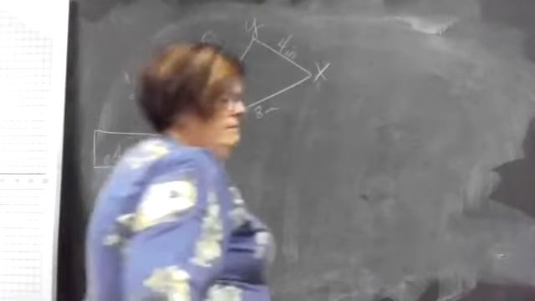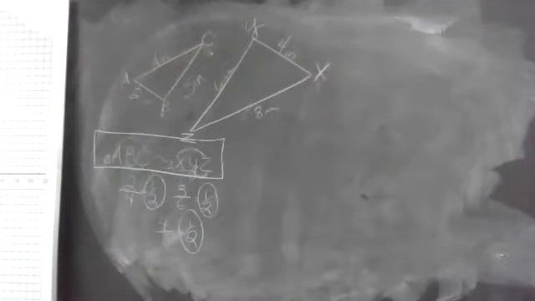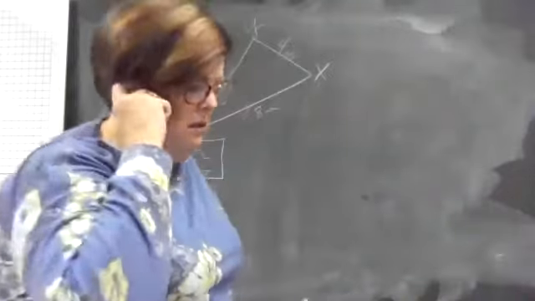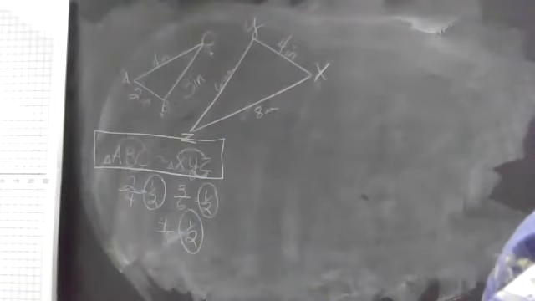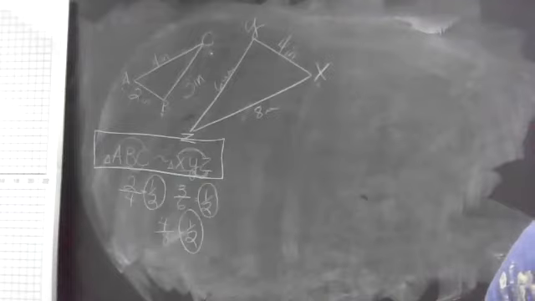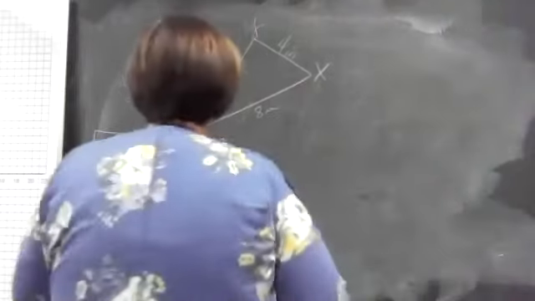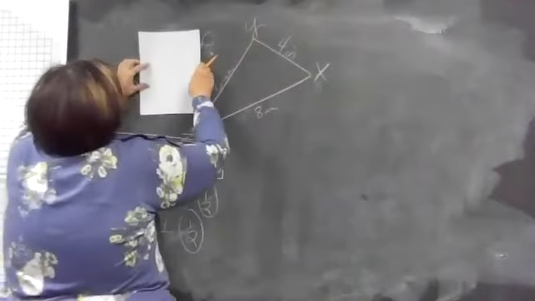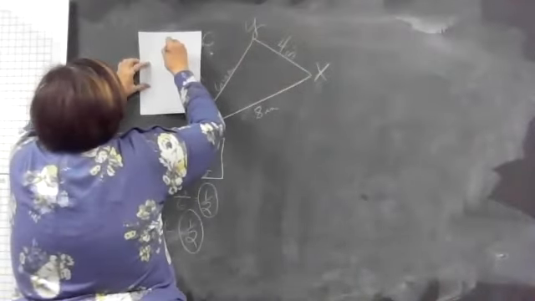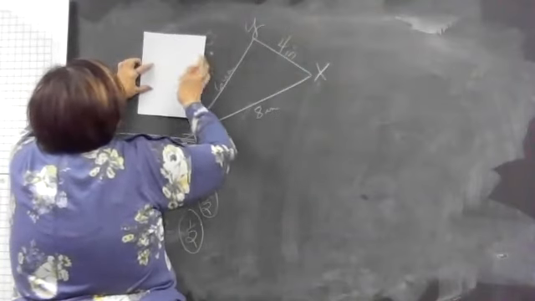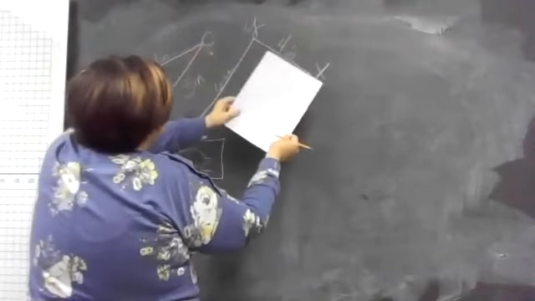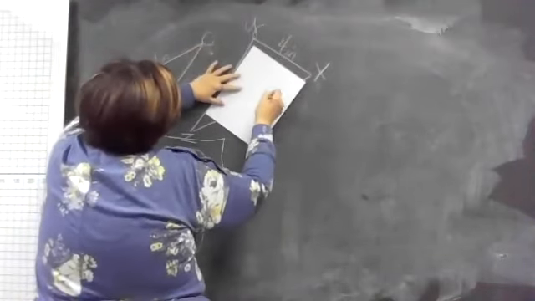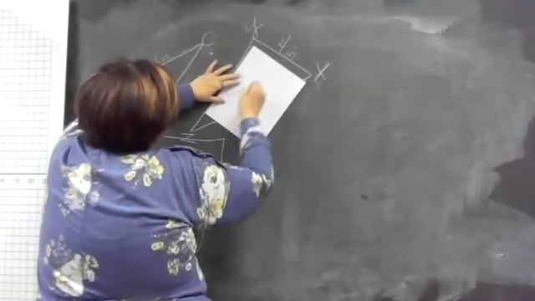Now one idea I had, if you have trouble turning these around, which is the hardest part of this, then maybe you could take a clear piece of paper and draw this one, then turn it around where it's the same shape as this one and trace the bigger one.